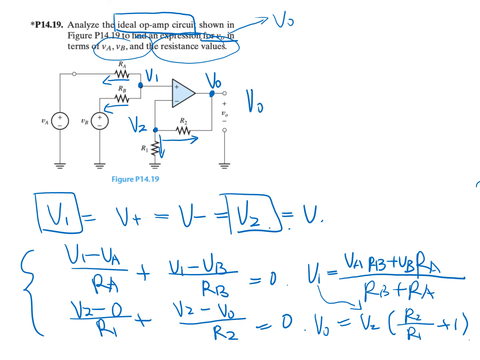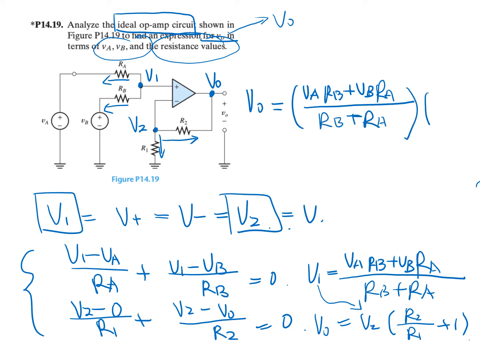So V out is equal to VA RB plus VB RA over RB plus RA times R2 plus R1 over R1. So that's our V out.